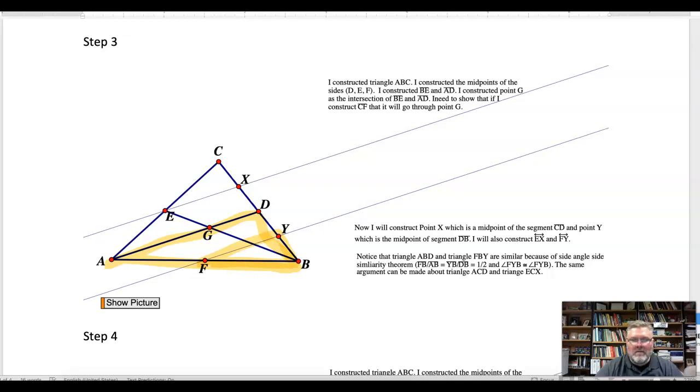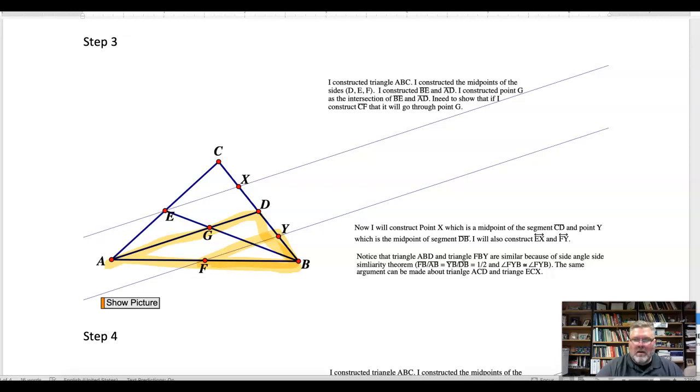So there are this bigger triangle and this bigger triangle. And why is that? Well, we've got the ratios, right? So this over this is the same as this over this, and they're both half. So we can use those ratios to say that these two are similar triangles.